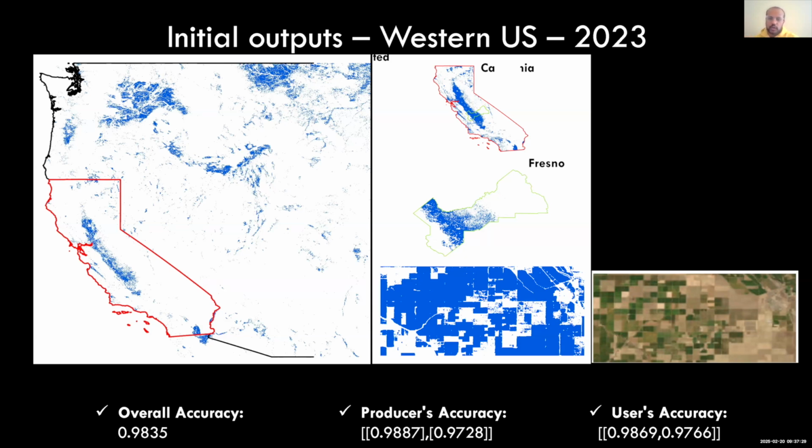Depending on the characteristics of each field in terms of NDVI and the characteristics of the ground truth points, the model will label each pixel as irrigated or not. And you can see that the overall accuracy, producer accuracy, and user accuracy of both irrigated and non-irrigated land in the western United States were found to be good enough.